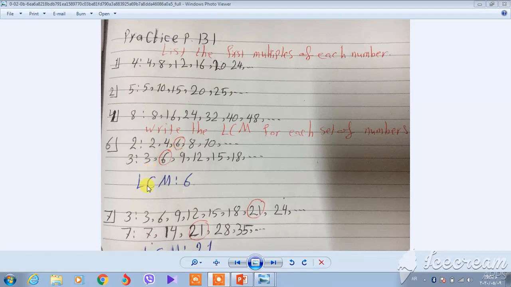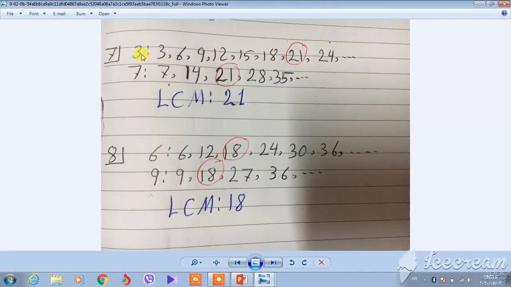Now we solve practice 7. In practice 7 we have 3 and 7. The first time find the multiples of 3 and 7. Multiples of 3 are 3, 6, 9, 12, 15, 18, 21, 24. That's enough. For 7 we have 7, 14, 21, 28, 35.